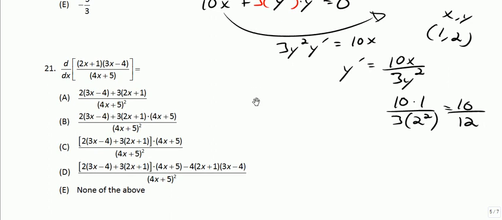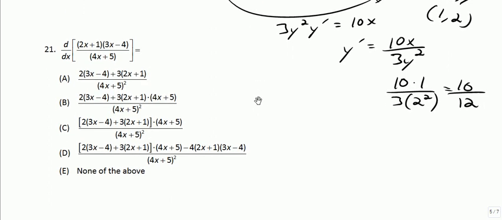21 is nasty because you got product rule and you got quotient rule. So I'm going to, instead of doing the product rule on the top, I'm actually just going to multiply out the top. I'm going to FOIL this out. If you FOIL out the top, you get 6x squared.